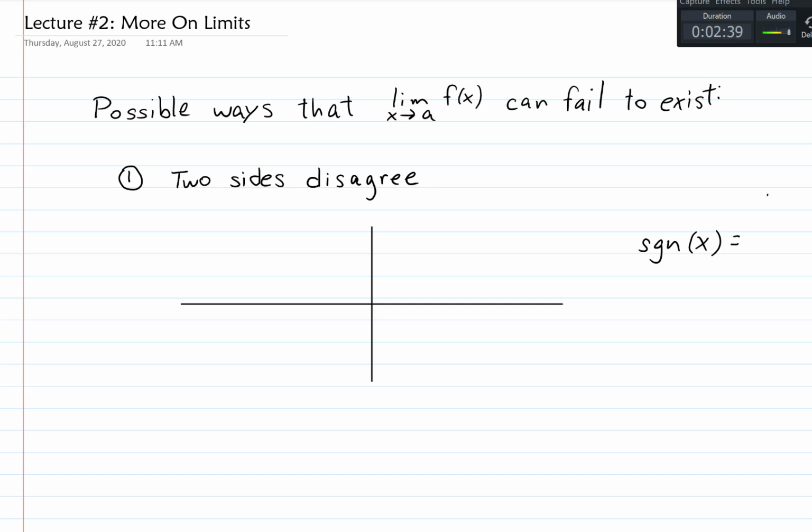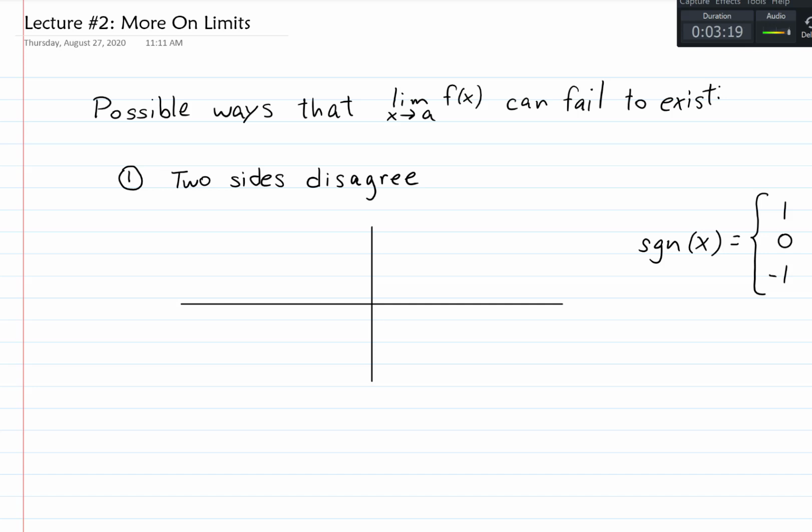It basically is a function that just picks out whether the number you're plugging in is positive, negative, or 0. If you plug in a positive number, you will get out 1. That's if x is positive. If you plug in a negative number, you get out -1. That's if x is negative. What have I left out? I've left out 0. 0 is neither positive nor negative. If you plug 0 into this function, it returns 0.